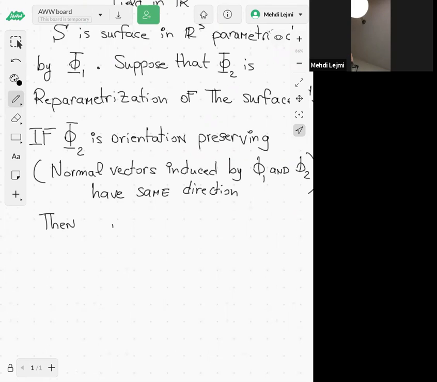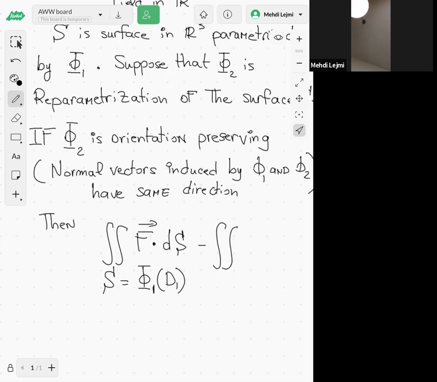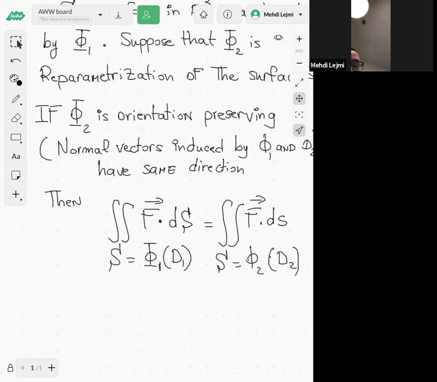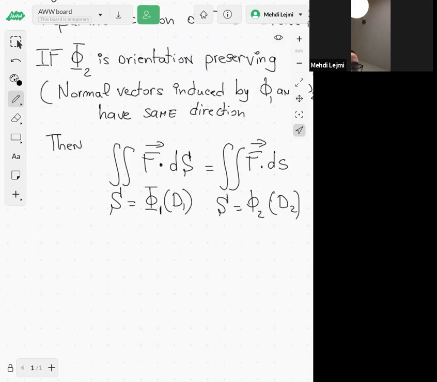The vector surface integral of the vector field F along the surface S parameterized by phi 1 is equal to the vector surface integral of the vector field F along S parameterized by phi 2.